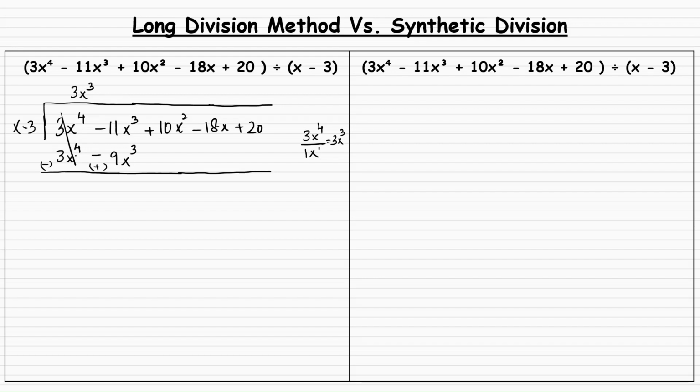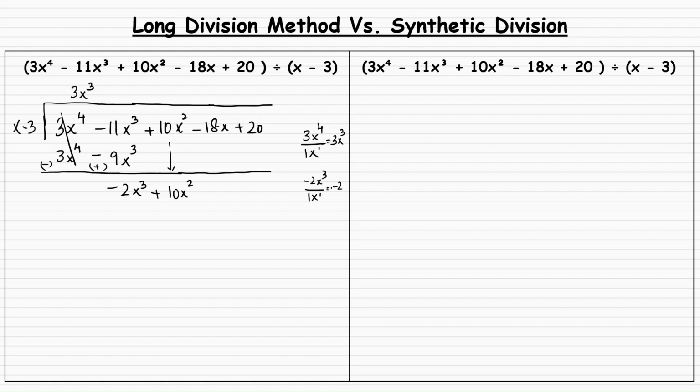3x4 minus 3x4, 0, cancel. Negative 11x cube plus 9x cube gives me negative 2x cube. Bring down plus 10x square. Repeat the process. Minus 2x cube divided by x, the first term of the divisor. Minus 2 divided by 1 is minus 2.